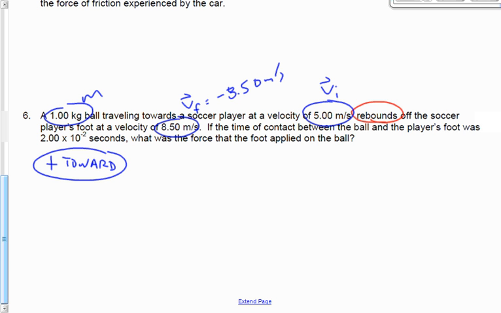If you defined it the other way around, it doesn't matter, as long as you're consistent through the question. You could have defined away from me as positive. This would have been positive 8.5. This would have been negative 5. It doesn't matter. Here's a time, and we want to find a force. Let's say F times T is equal to M times delta V.